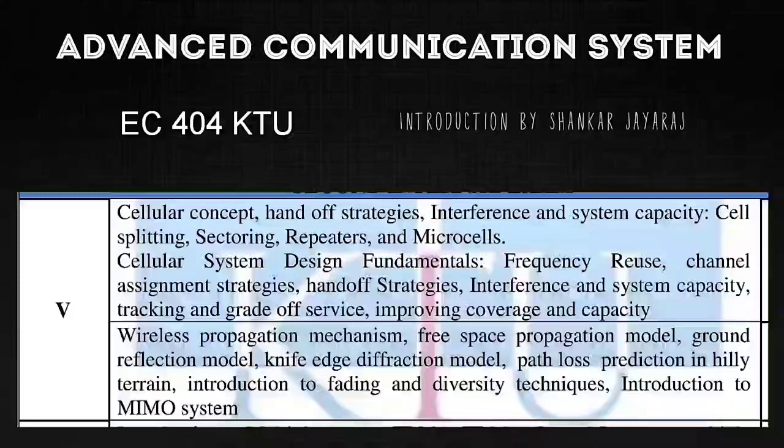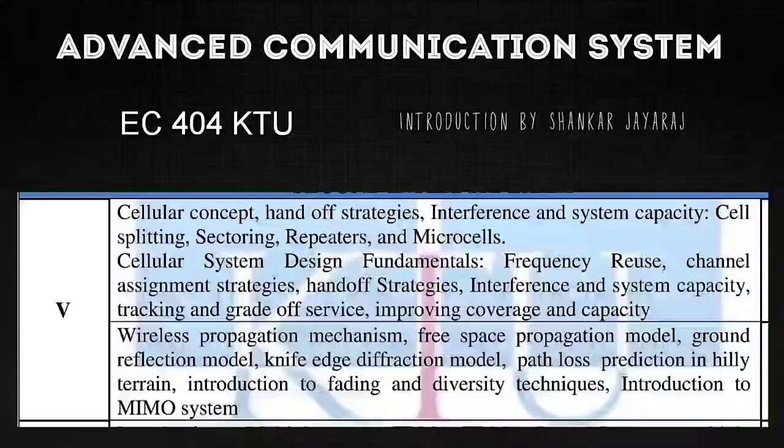I told you that this module is divided into 2 parts. One is cellular system design, and the next one is wireless propagation models. The models we have are free space, ground reflection, knife edge, and path prediction. These are the techniques.